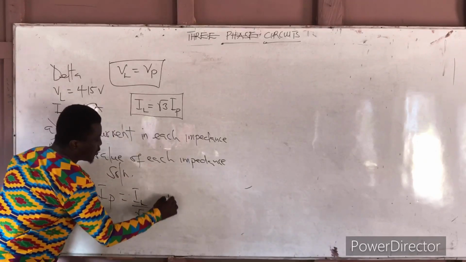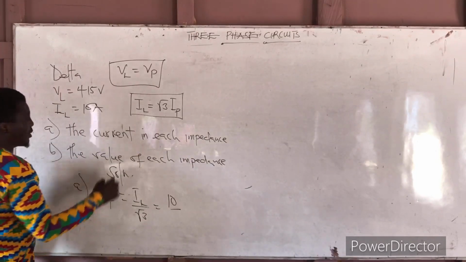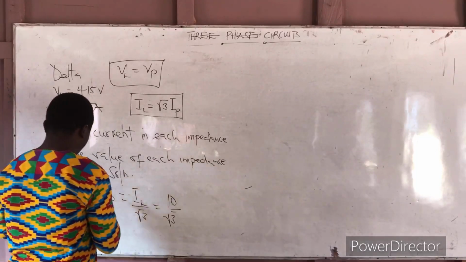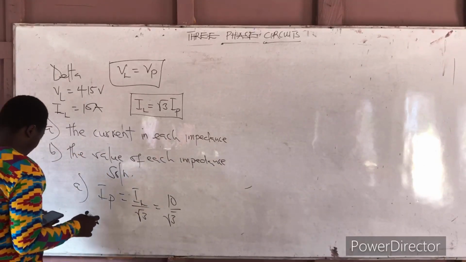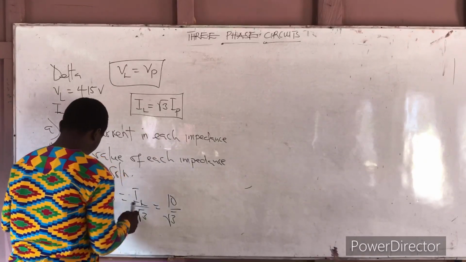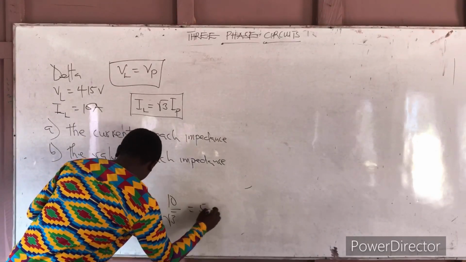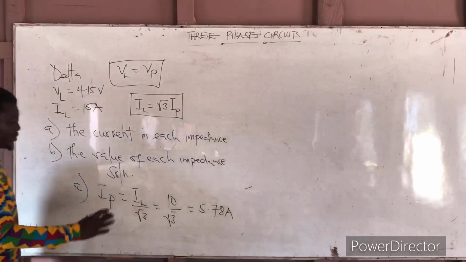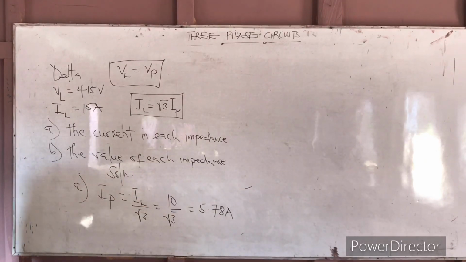Our IL was given to be 10, and 10 over root of 3 gives us 5.78 ampere, approximated to 2 decimal places.